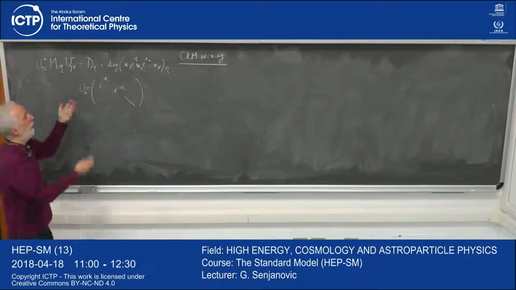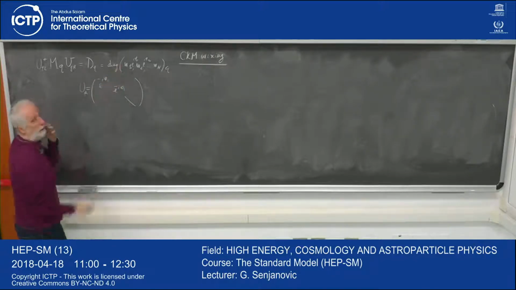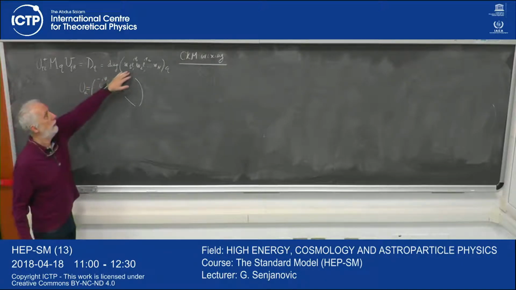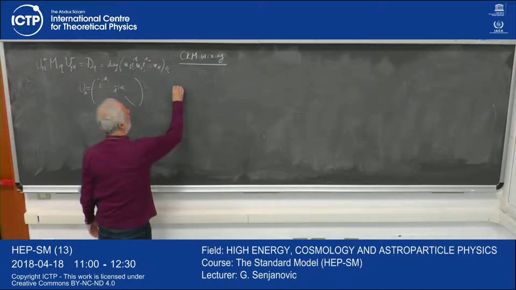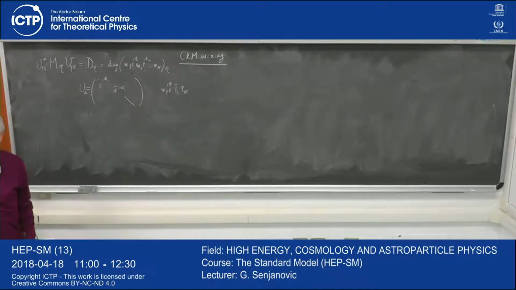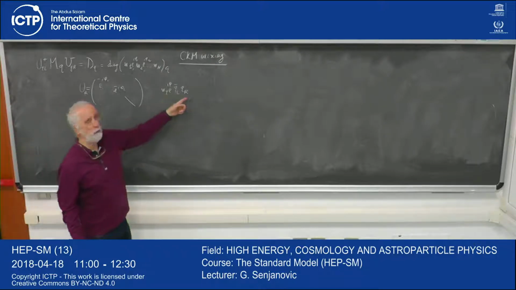Therefore, I will multiply it by the minus sign and get rid of that. So, well, this you knew. The phase of the quark mass term when you write Q_L bar M_Q Q_R is not physical. I can get rid of that phase by rotating the field.